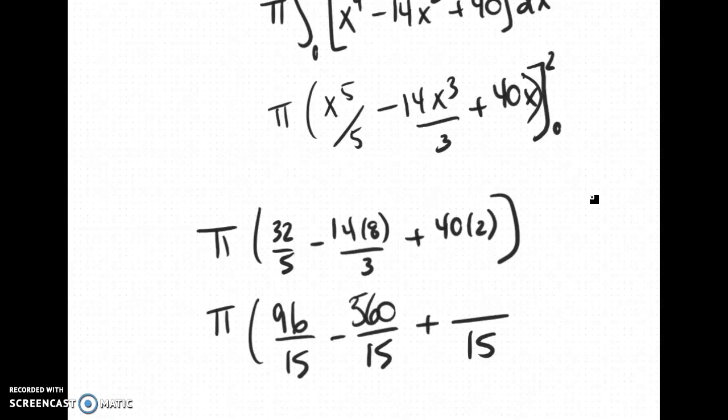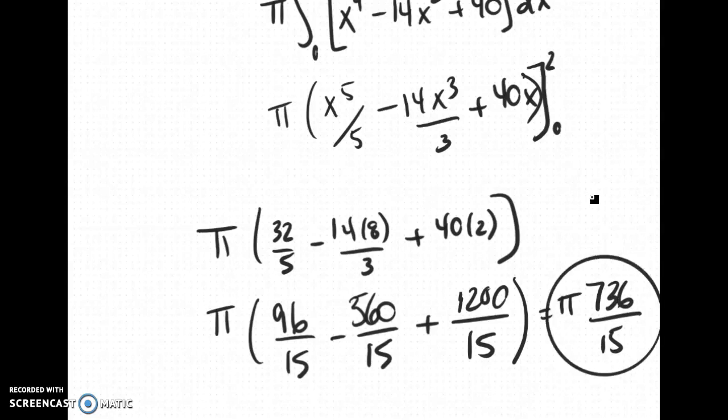And then plus 80 times 15, or 1200. And when I add those numerators together, I'm going to get 736 over 15, times pi. So this is the exact value, and that is the answer to the Unit 1, number 7 question.